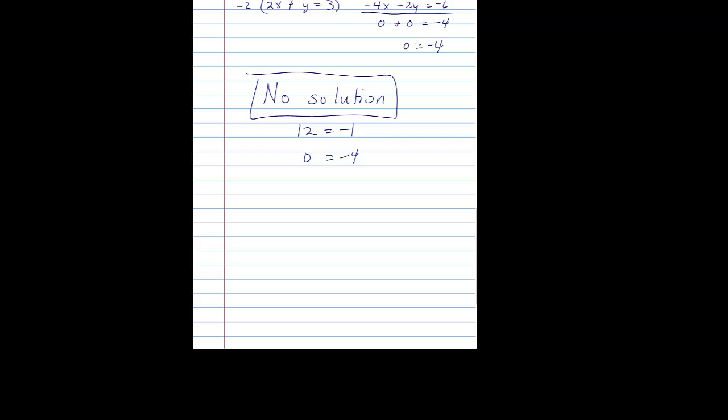If you have an equation such as 3 equals 3, negative 10 equals negative 10, or 0 equals 0, that means there's an infinite number of solutions. And lastly, the one that we run across the most is you have one solution. So these are the 3 different types of solutions you can have with a system of linear equations.